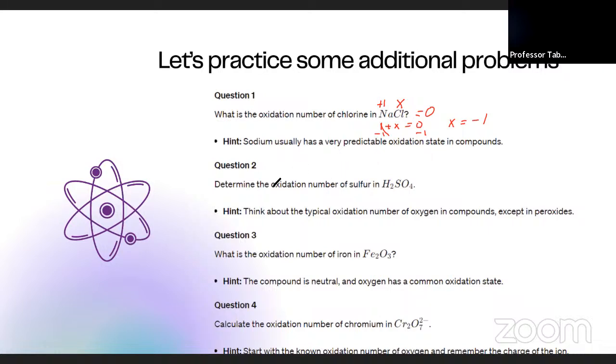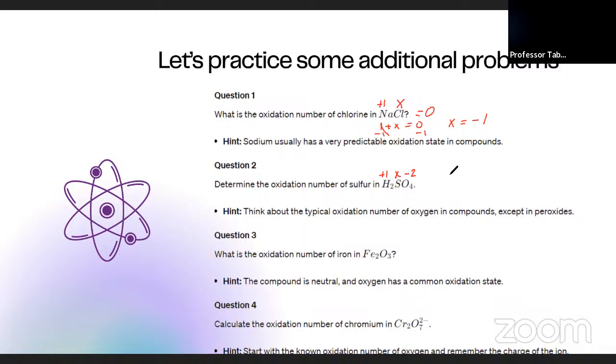This next one says, determine the oxidation number of sulfur. So we're going to put an X above sulfur because that's what we're looking for. Hydrogen, we know the oxidation number for hydrogen is +1. The oxidation number for oxygen is -2. So what are we going to do?